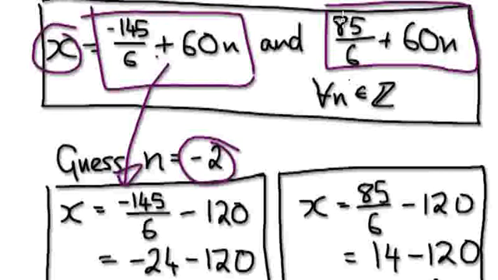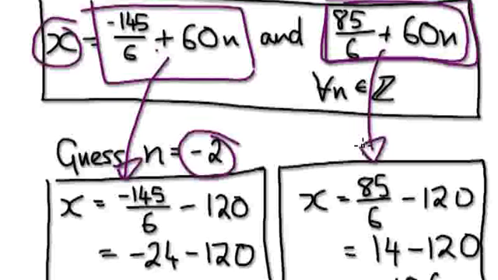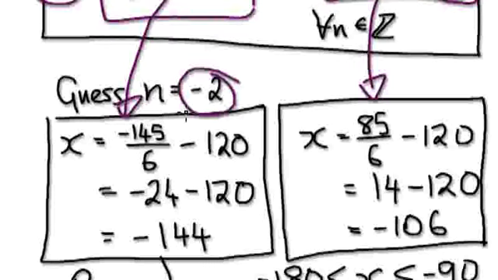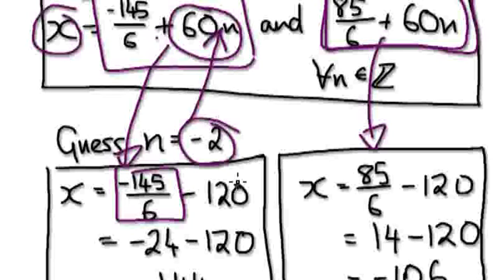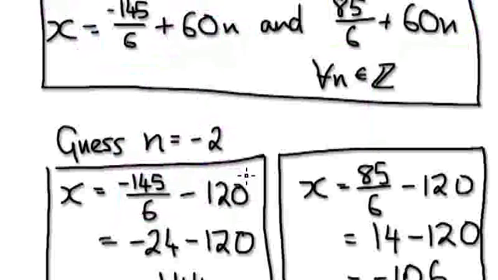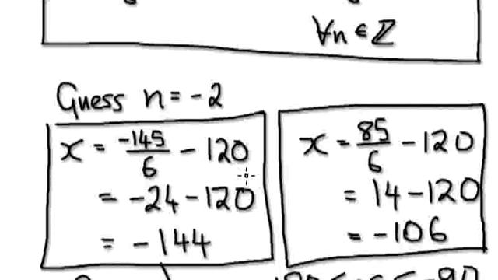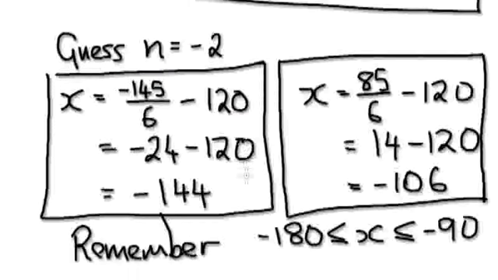If you put negative 2 into here, it's like taking away 120, so that's why we've got taking away 120 here.